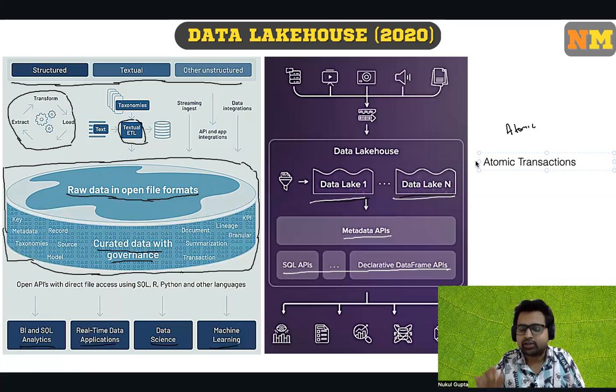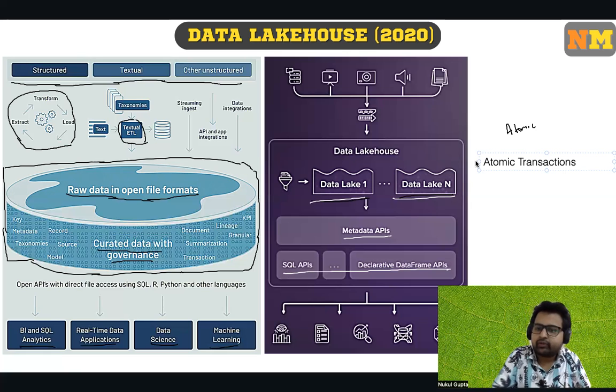But in a data lakehouse, this feature is an inbuilt mechanism. If a transaction contains 5 operations, and due to any reason the 5 operations are not able to complete, the transaction will not get committed, it will undo itself. So this is very clear to us.